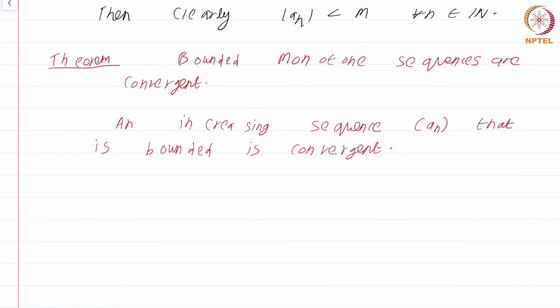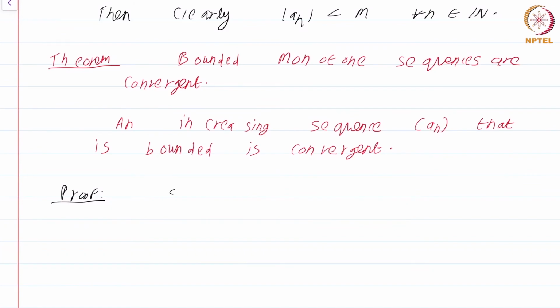Now I have here stated it for increasing sequences. Think about how you can prove the same thing for decreasing sequences. Proof. Now, to show that a limit exists, we need some candidate. What is happening? This sequence is increasing, but it cannot increase beyond a particular point, capital M, simply because the sequence is bounded.